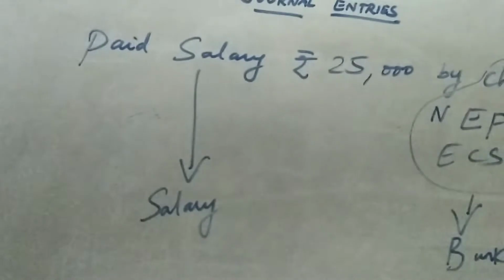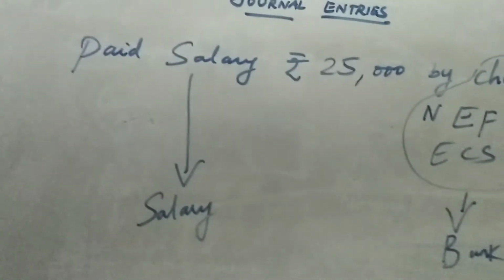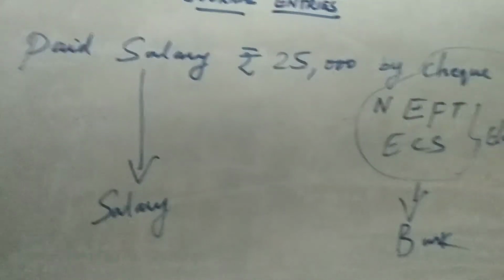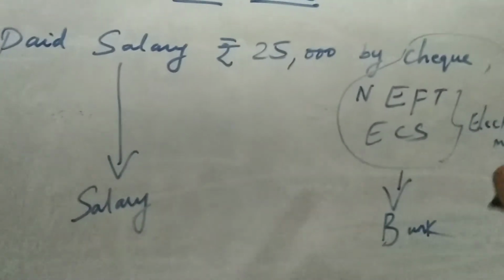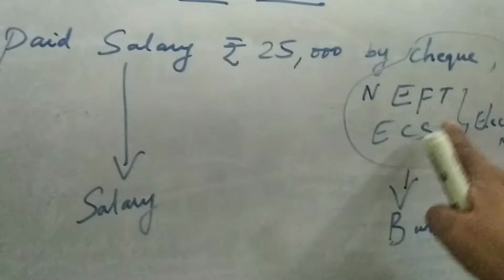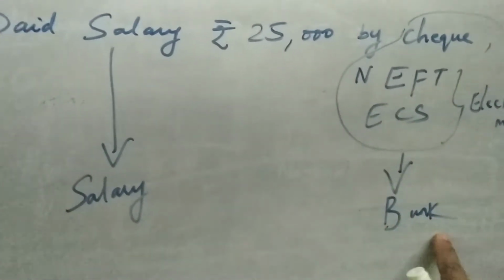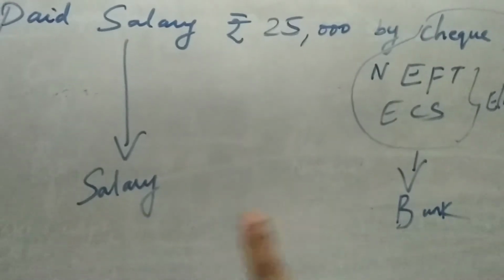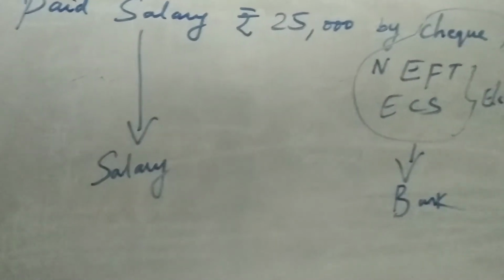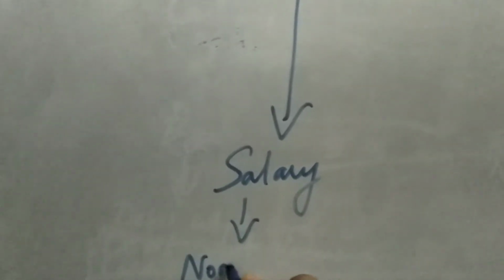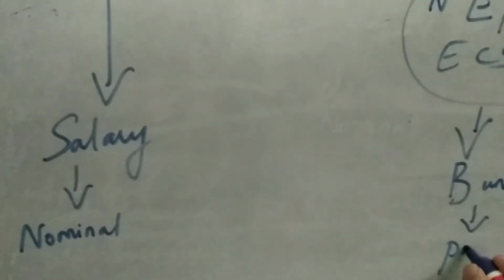Here cash is not involved. Okay, you are making a payment through check. Able to understand? Whenever we come across check or NEFT or ECS, it is connected with bank. So salary and bank are the two accounts involved here. Salary comes under nominal account. Bank comes under personal account.